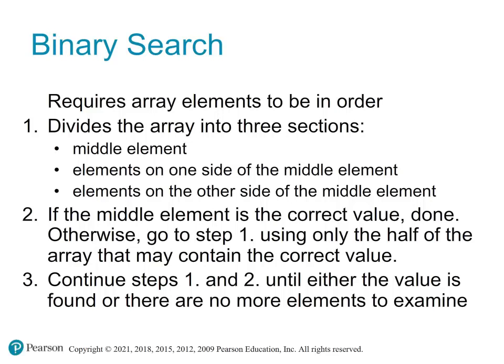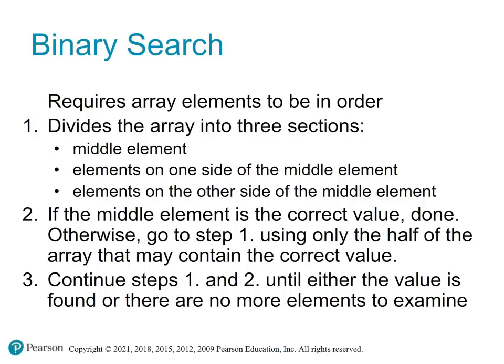The algorithm then compares the middle element with the target value. If it's a match, the search is done. If not, the algorithm repeats from step 1, but only on the half of the array where the value could logically be found.